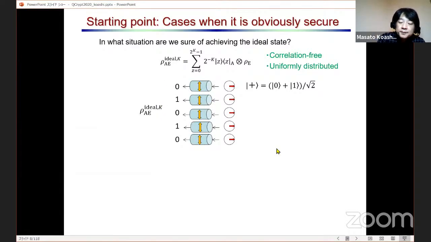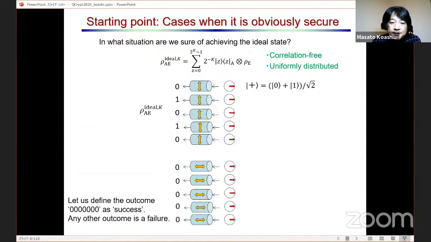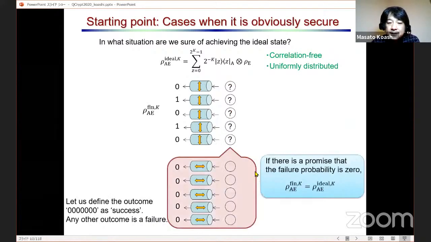Now, let me add some operational flavor to this statement. If you measure these qubits in the X basis here, then the outcome would be all 0. Let me define the outcome all 0 as success, and any other outcome as a failure. Then this can be rephrased as follows: if there is a promise about this state such that, if you do this measurement, the failure probability is 0, then this final key is perfectly secret.